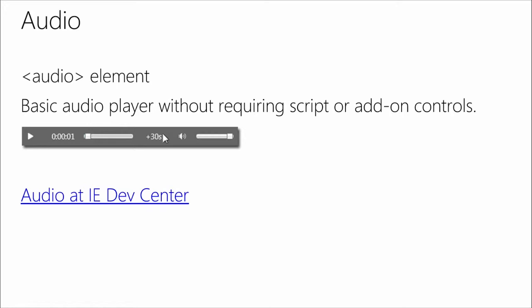And notice I put on there, no script, no add-on controls. You don't need JavaScript to produce what this image looks like, nor would you need CSS. This is a basic implementation of the audio element with no work. It means that you'll be able to add audio easily.